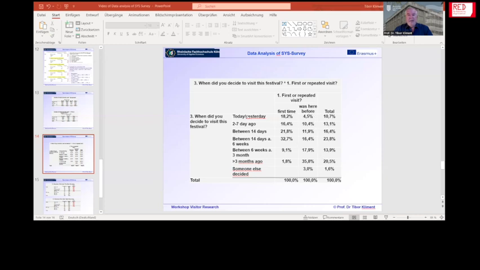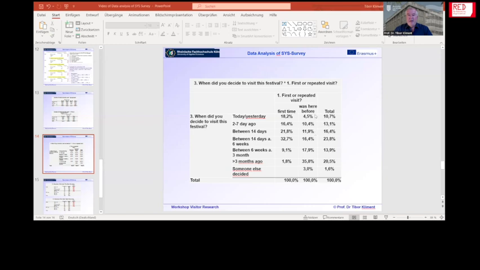We have here the question, when did you decide to visit this festival? And here we have today, yesterday, 2 until 7 days ago, 14 days and 6 weeks, 6 weeks and 3 months, longer than 3 months, or someone else decided for me.